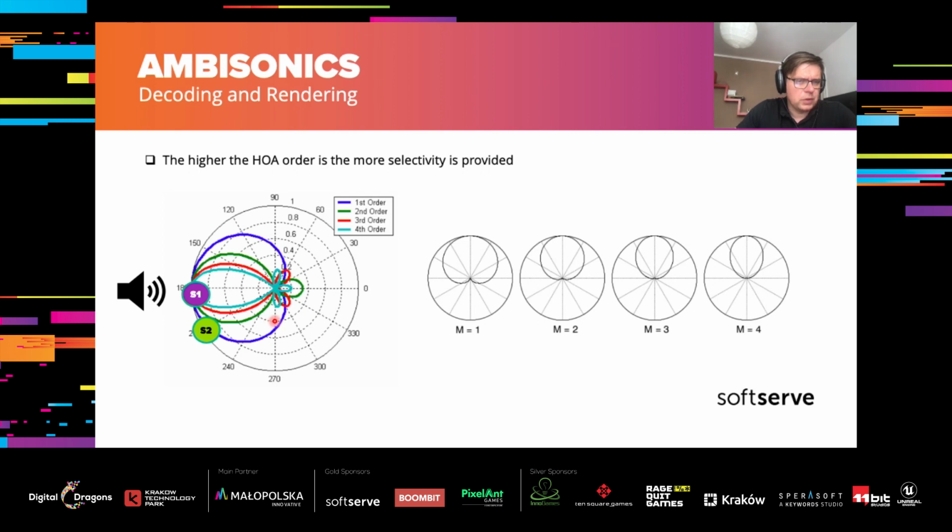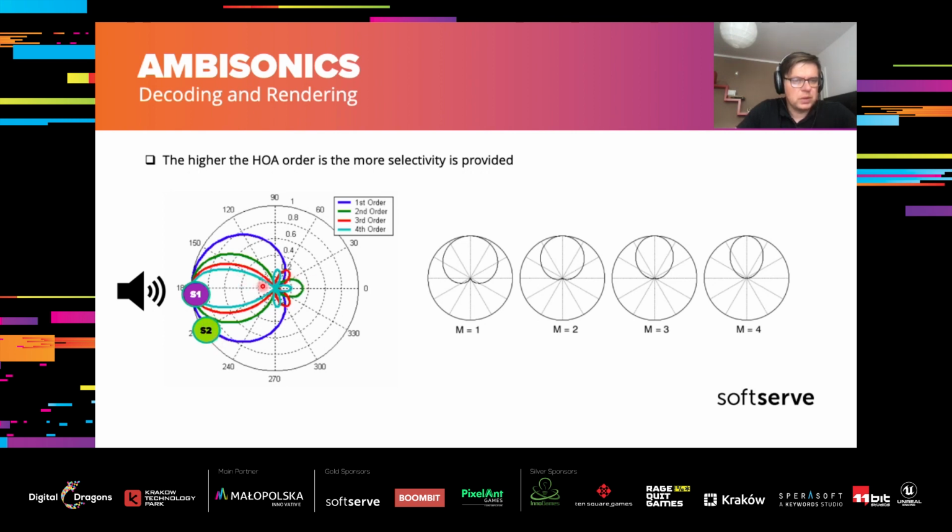So if we are doing first order decoding, the directivity pattern for that position will have the shape marked with the blue line. We can see that it captures quite a significant part of our surrounding space, and the signal played with this speaker will cover mostly source number 1 and a significant part also of source number 2.